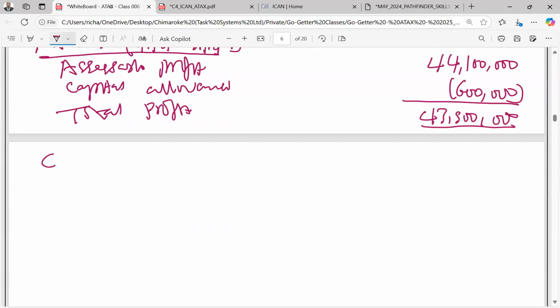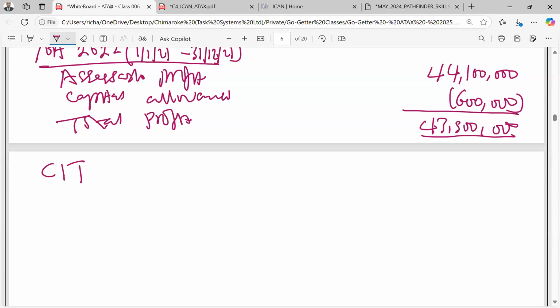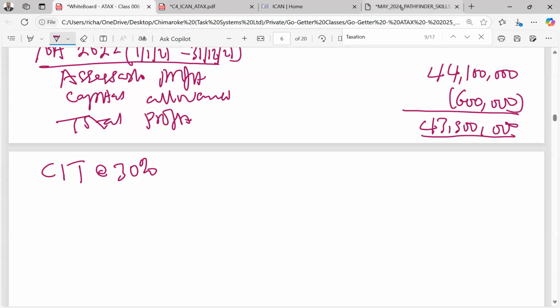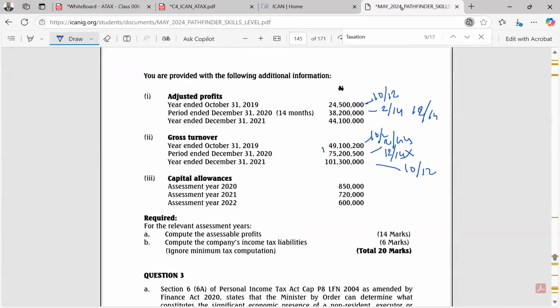Then CIT at 30%. Find 30% of this. You know why I'm using 30% now? Because the year ended is one year, and the gross turnover is over 100 million.